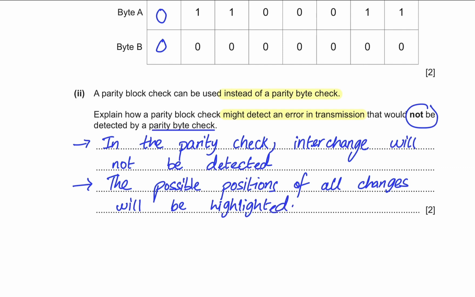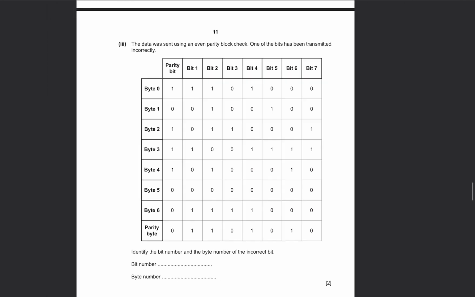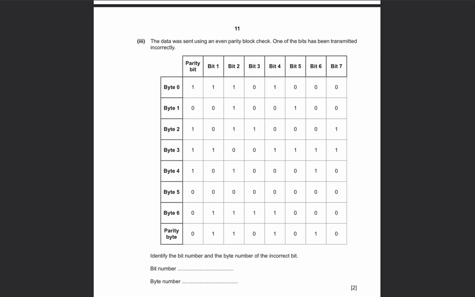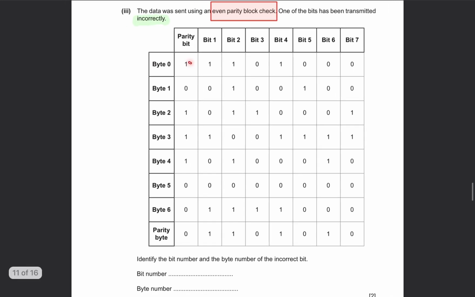Okay, that's done. The next part also includes the parity block check. It says an even parity block check is used. One of the bits transmitted in this question is incorrect, so which line is incorrect? We have to identify this.